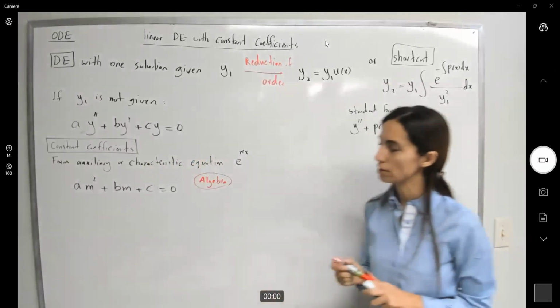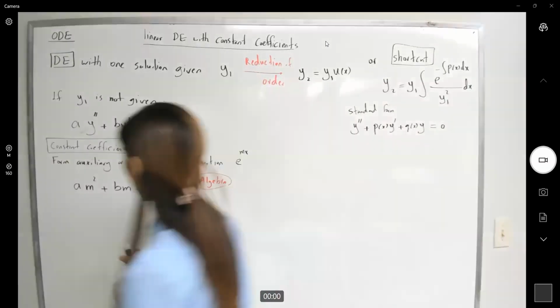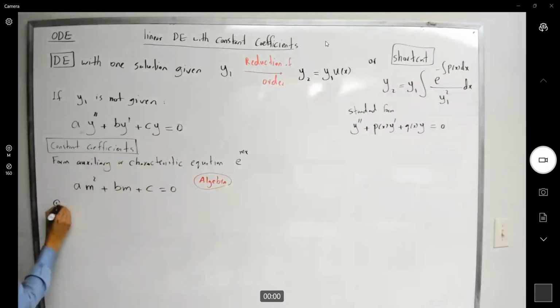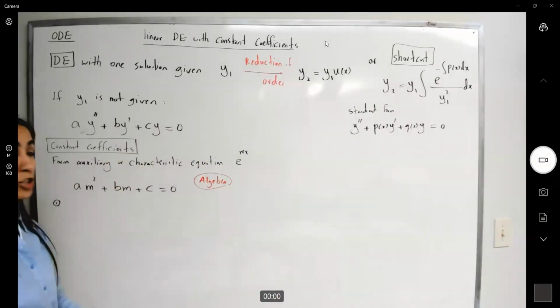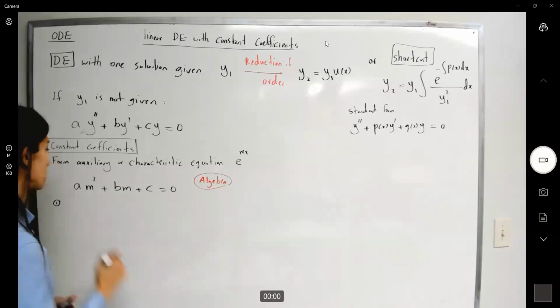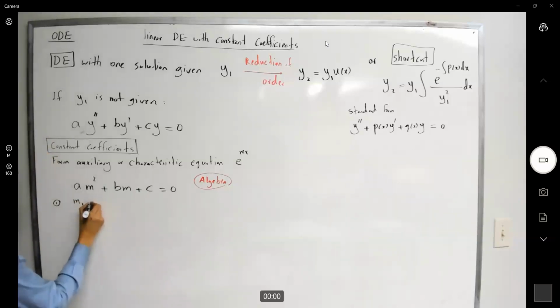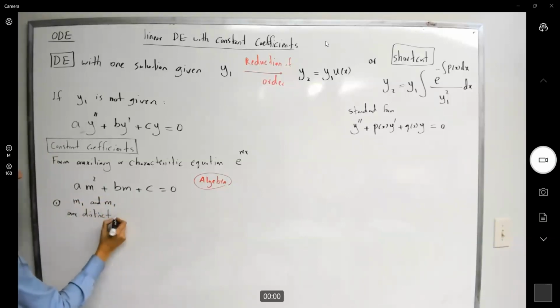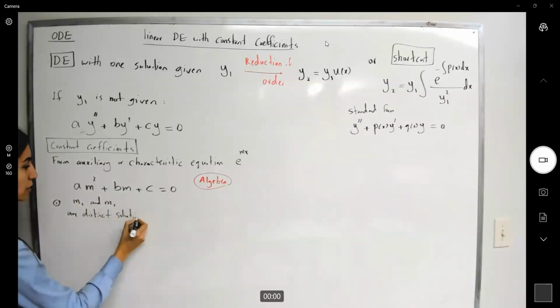By solving this equation, we have the following cases. The first case was that you solve this equation and you have two distinct solutions, m1 and m2, real solutions.